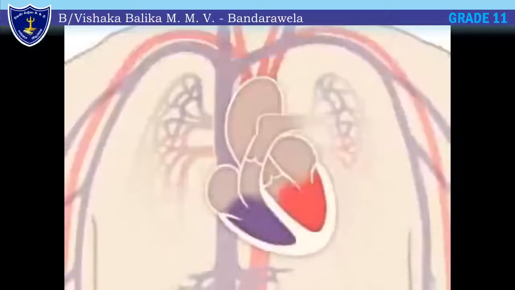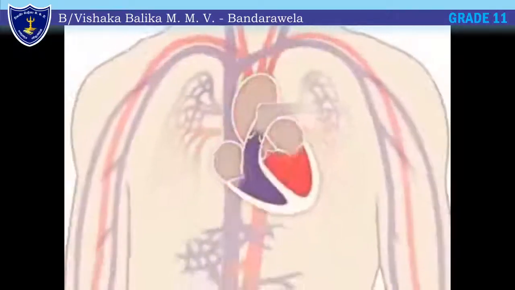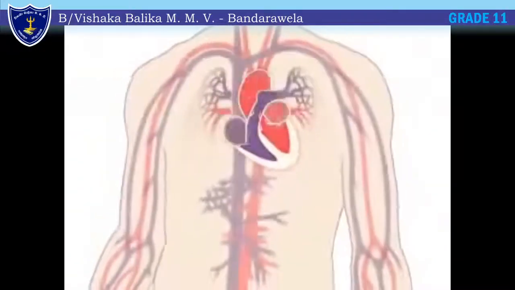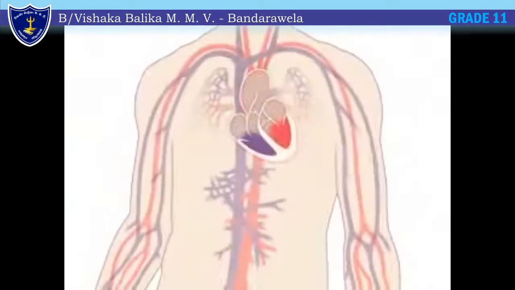So let's talk about the way the electric signal is transmitted in each and every phase. I will show you a diagram. With this diagram, we can talk about the heart cycle further. So let me zoom this.